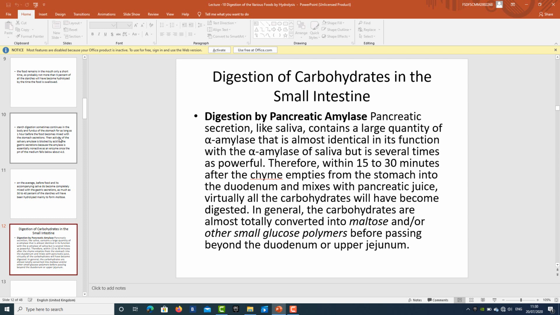So, 15 to 30 minutes after the chyme is emptied from the stomach into the duodenum and mixed with pancreatic juice, virtually all the carbohydrates will have been digested. In general, the carbohydrates are almost totally converted into maltose or other small glucose polymers before passing beyond the duodenum or upper jejunum.